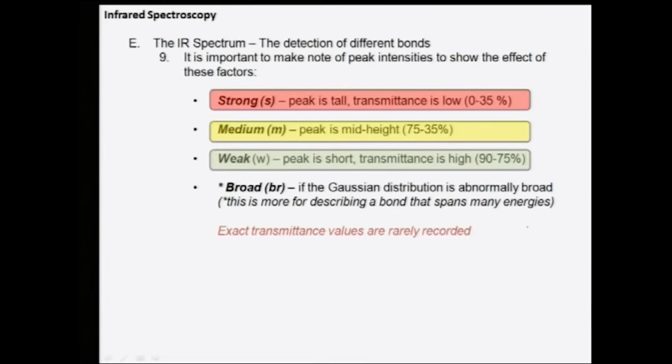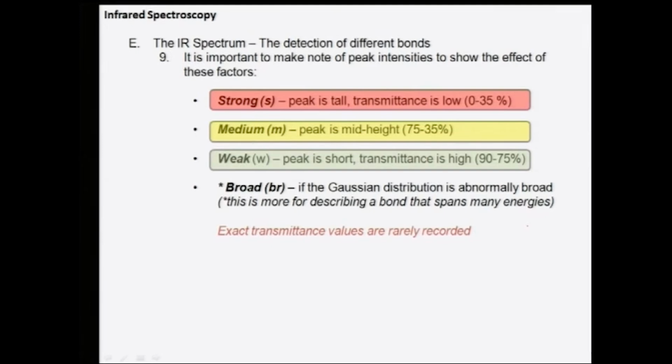So let me give you some more idea. It is important to note that peak intensities tend to be the effect of three factors. One, if the peak intensity is very strong, that means the peak is very tall, absorption is high, and transmission is low.